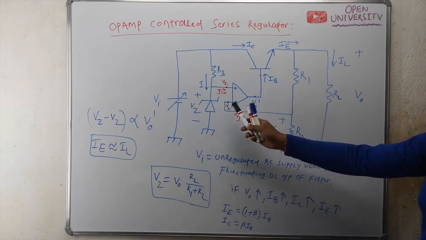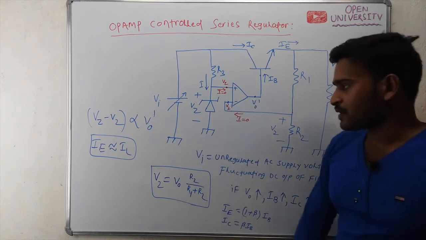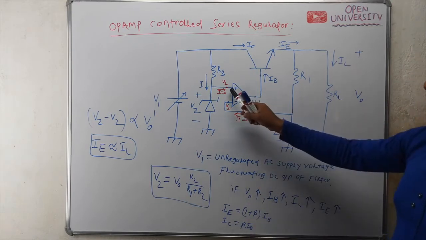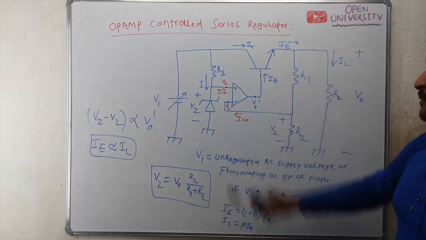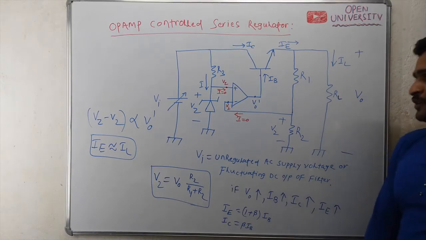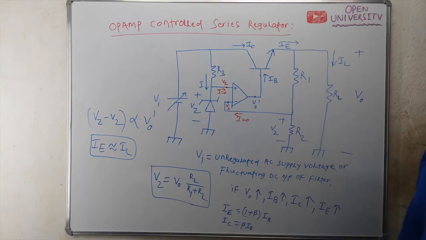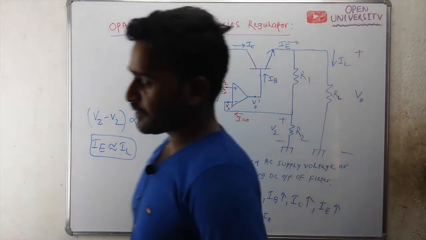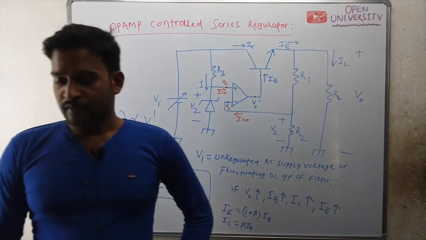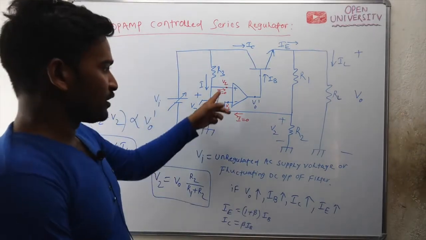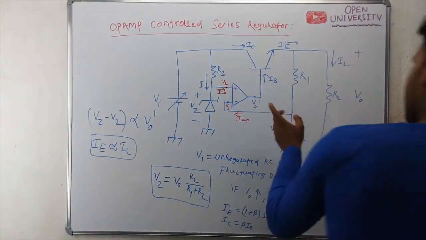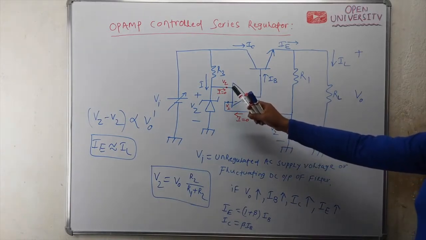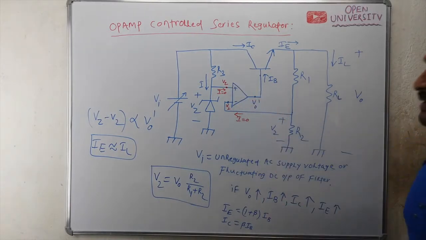The purpose of the Zener diode is to make the non-inverting terminal of the op-amp constant at Vz, to keep the voltage at the non-inverting terminal of the op-amp fixed at Vz.